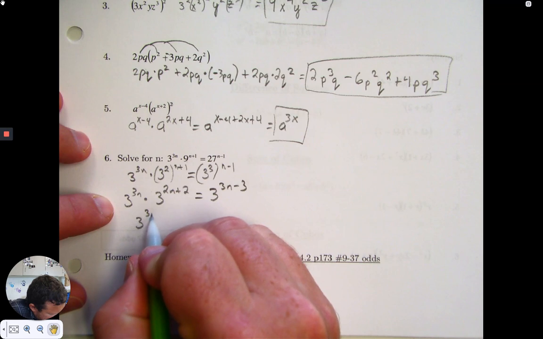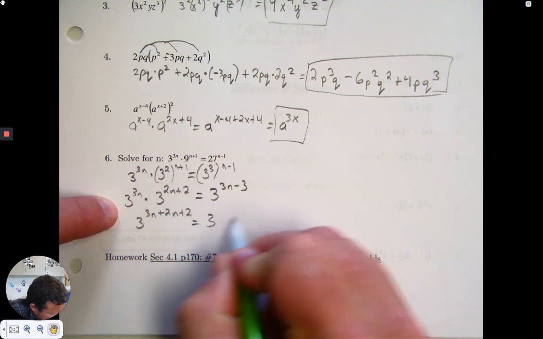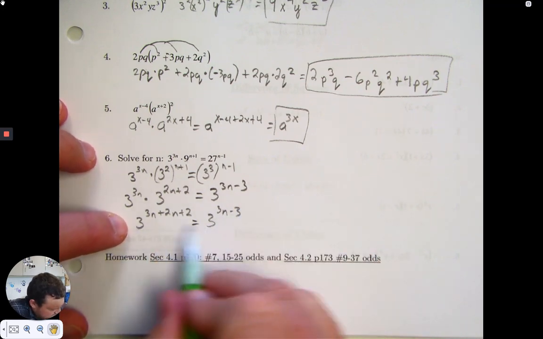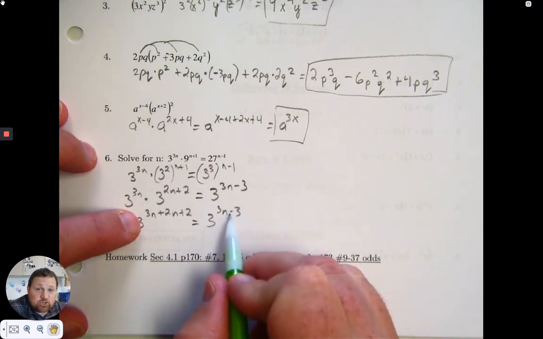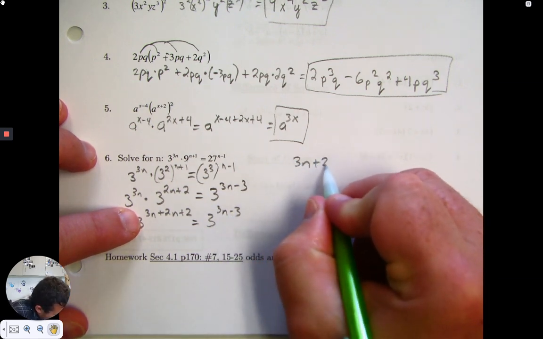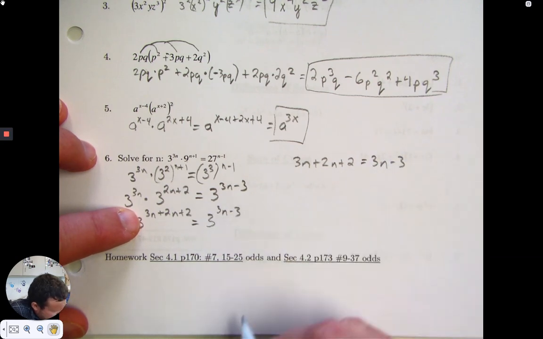So 3 to the 3n plus 2n plus 2 has to equal 3 to the 3n minus 3. Well, now we just have a single base that's the same, so now we can just focus on the tops. So 3n plus 2n plus 2 has to equal 3n minus 3.